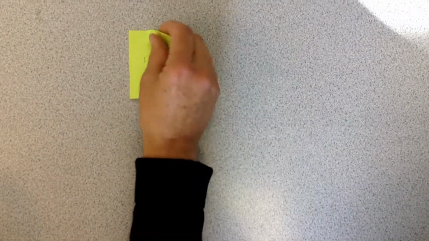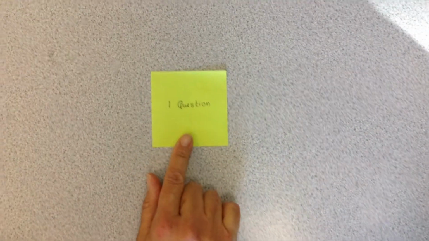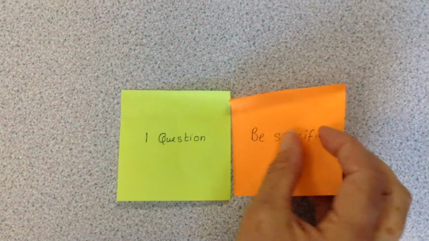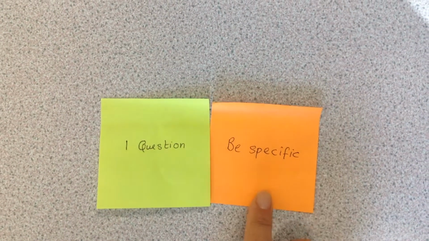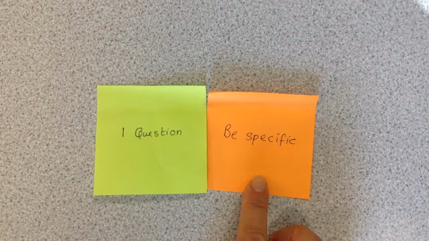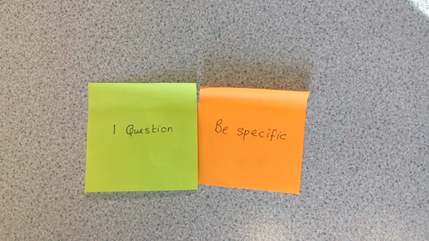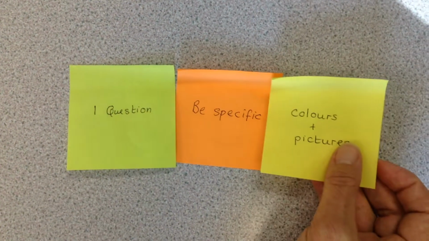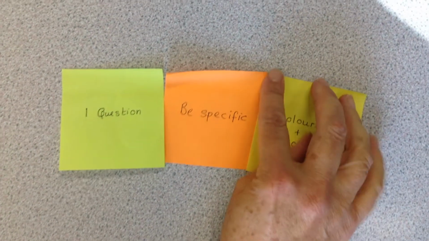So remember, it's about making and using flashcards. 1 question per flashcard. Be specific. If you want 3 answers, say you want 3 answers. Use colours and pictures.